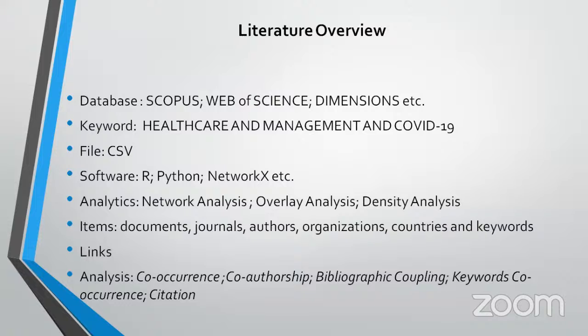Through that, you have to collect the data set. The data set will be in CSV form, not in Excel form. So through Scopus, Web of Science or Dimensions database, you have to write that particular query.